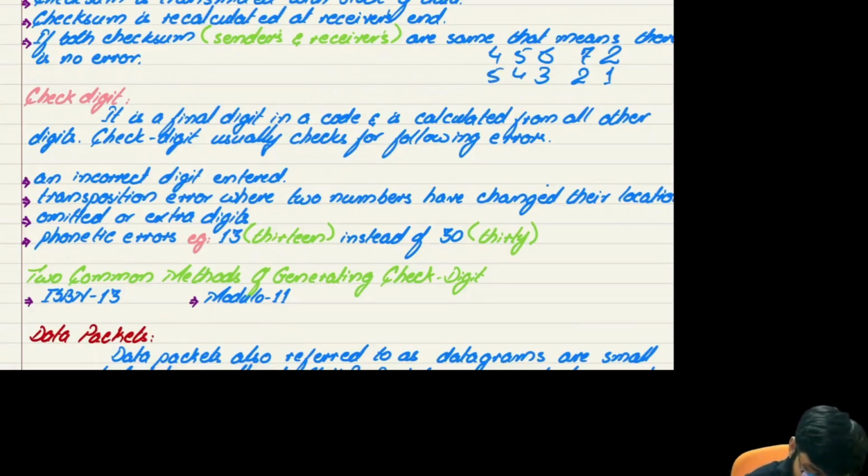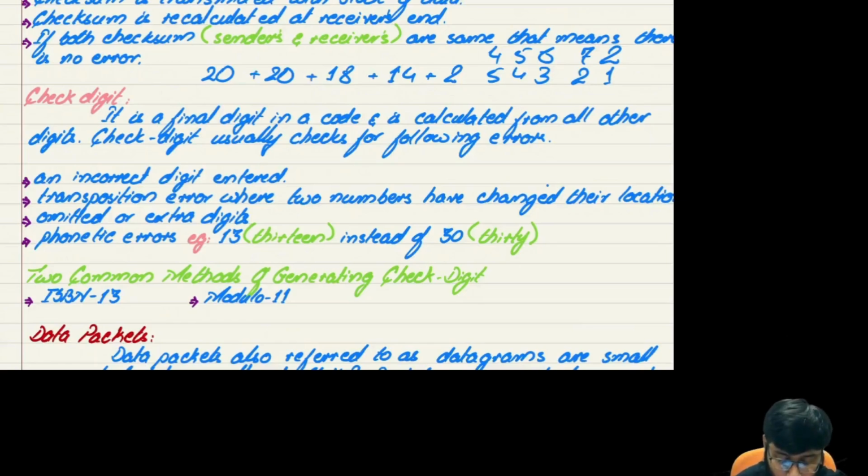For example, 4, 10, 18, 28, and 10. Now all the values are added together. So it gives you 70 and 4, 74. Now this 74 will be divided by 11 if the question is regarding modulo 11.